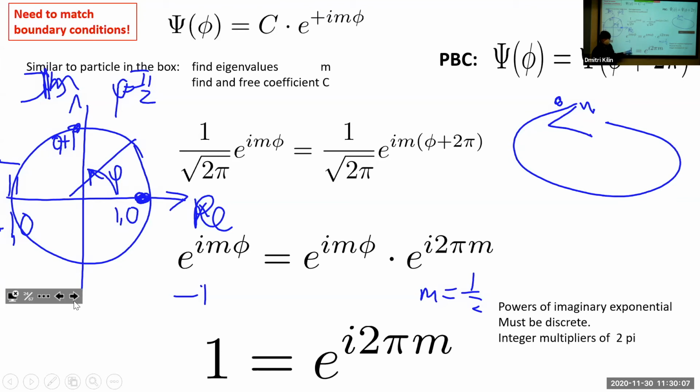So what will be the answer for the m? 0, plus minus 1, plus minus 2, right? Integer number of full cycles.